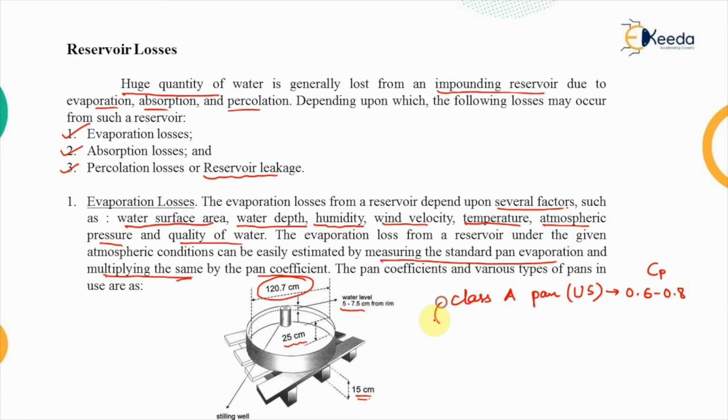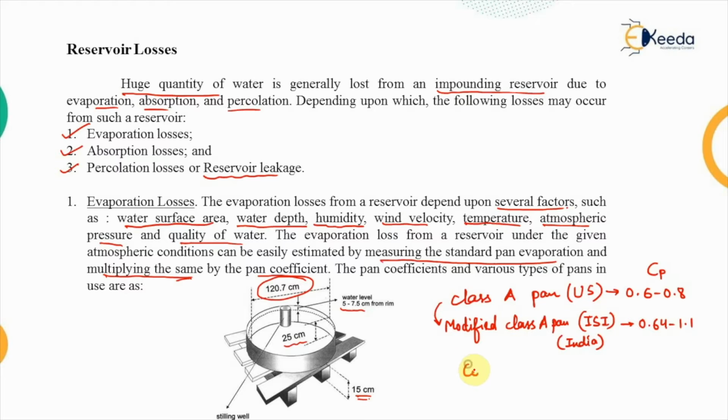On the basis of this, in India we use a modified version, which means certain dimensions are changed, and that is known as the modified class A pan, the Indian standard pan, used in India. The pan coefficient value is 0.64 to 1.1, and the average value is taken as 0.8.